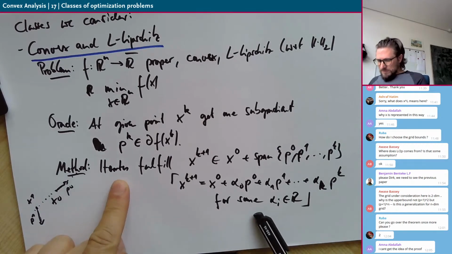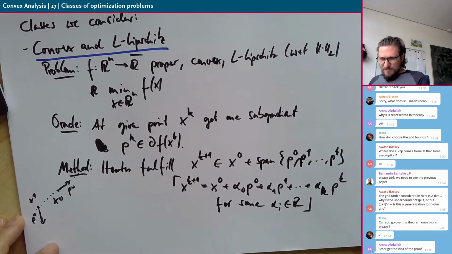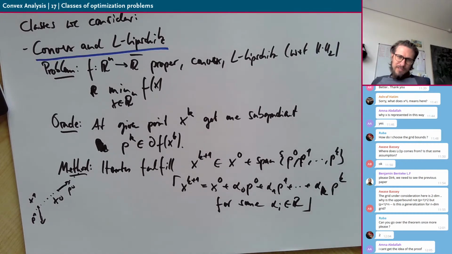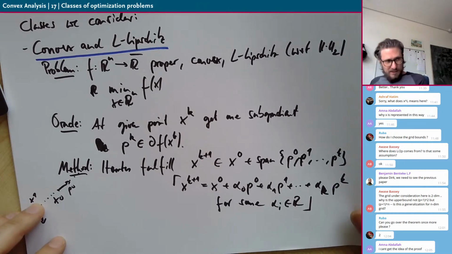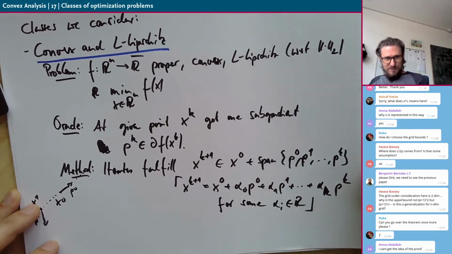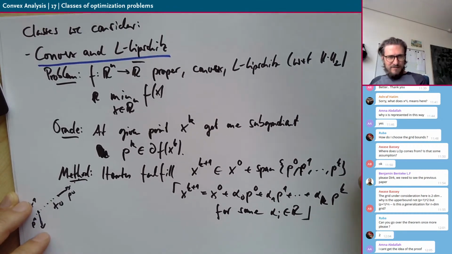So this is our assumption on the first class. Convex and Lipschitz, we start with some point, we get a subgradient, we can move in the direction of the subgradient or the previous subgradients, end up at a new point, query a new subgradient, and in this way we explore the space. Okay, that's the first class, and we're going to analyze this in the beginning of the next lecture.